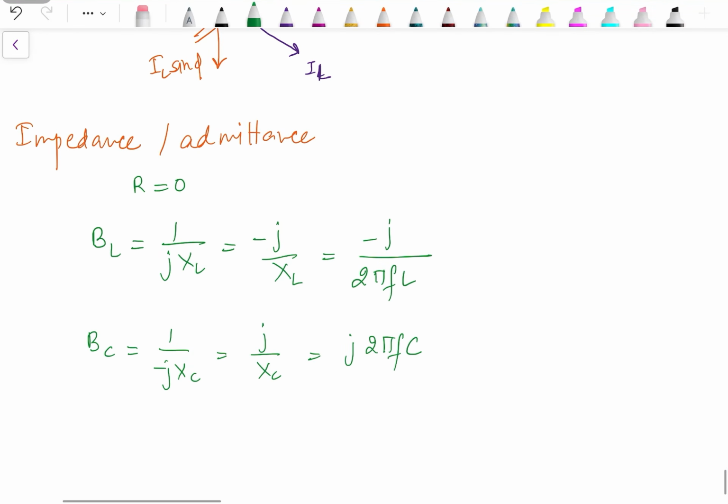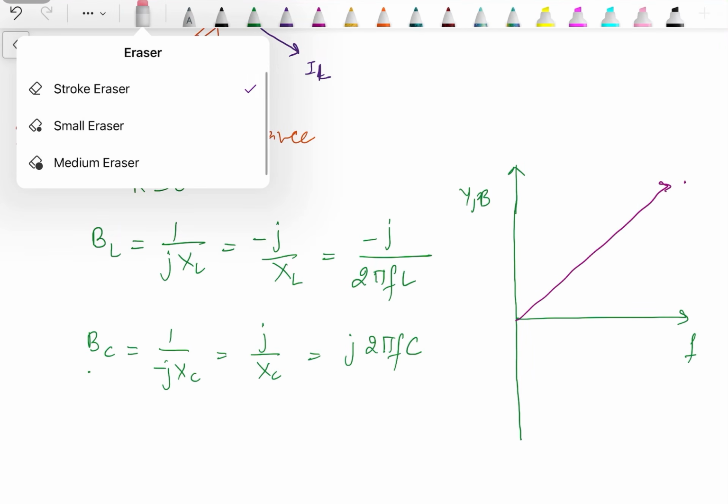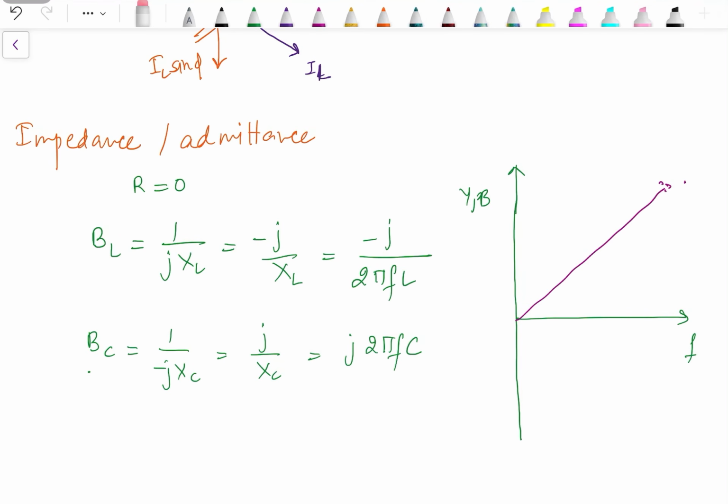So how will these two vary? Since we have considered the resistance as 0, that will not be represented over here. We can represent Y and B against frequency. The capacitive susceptance is directly proportional to frequency, so it varies linearly, BC.